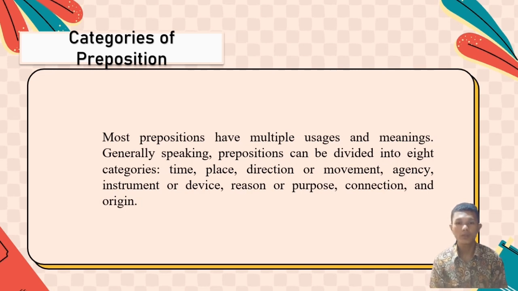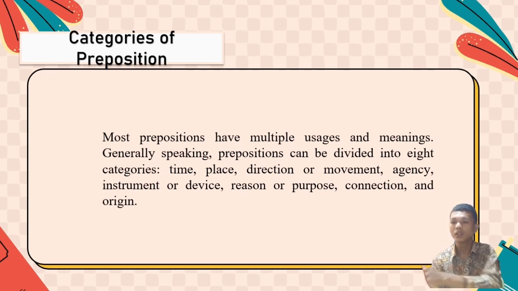Kategori selanjutnya yaitu connection. Prepositionnya yaitu of, to, and with. Contoh kalimatnya yaitu a well-written cover letter to employers helps your chance of being hired. Contoh keduanya, I think she decided to go with Victor.